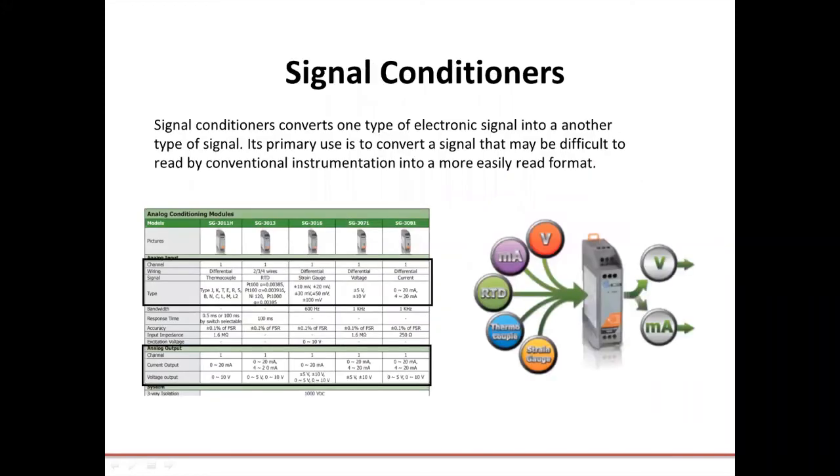Signal conditioners. If you had, for instance, a situation where you had maybe six 4 to 20 milliamp sensors measuring flow and volume or rate, but you also needed one temperature sensor, a signal conditioner would be a great solution, because it will convert the thermocouple output to a voltage or milliamp signal, so you can use a common data acquisition module.